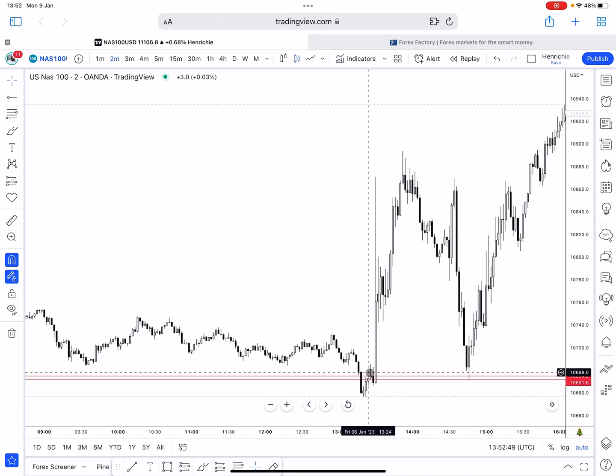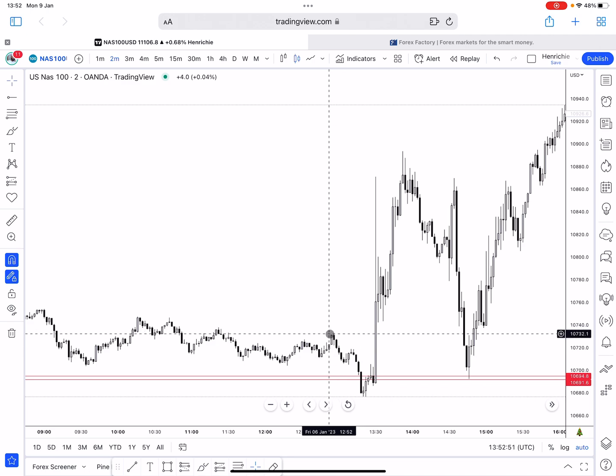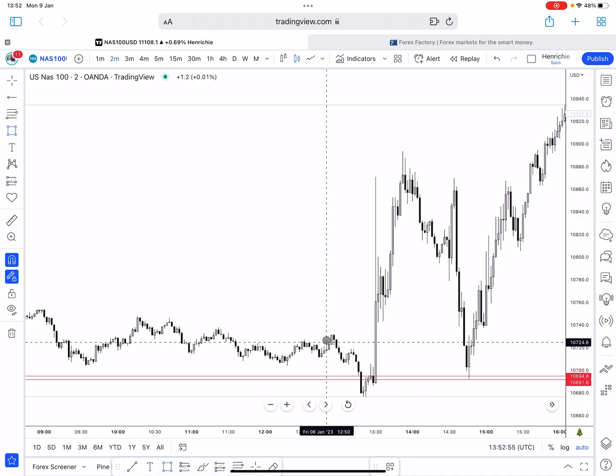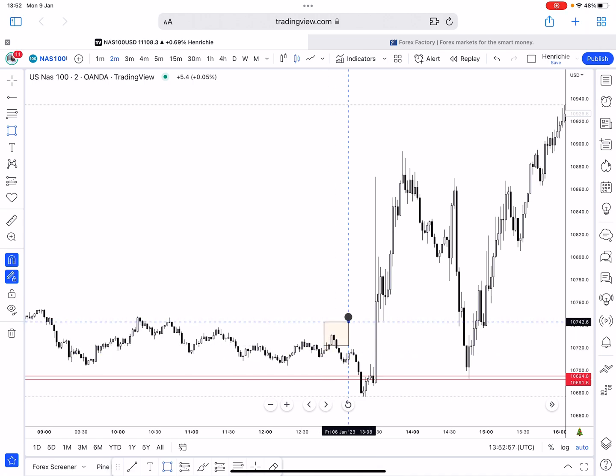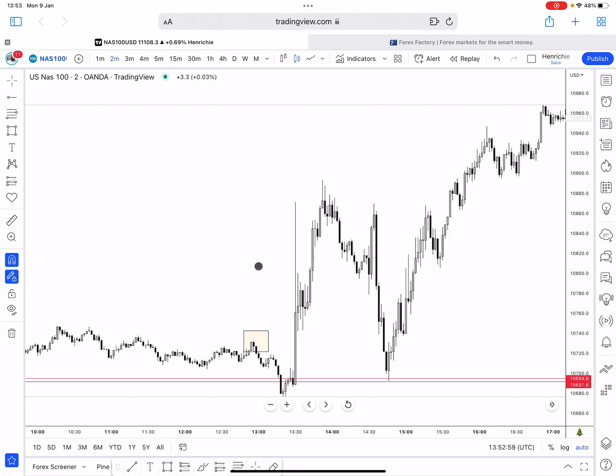The red line was my point of interest. Price made this high and this low. And this was my 2 minutes high, where I outlined that I wanted price to break this high for me to confirm bullishness. And while I'm waiting for price to break this high, I was also waiting for the news event to drop.